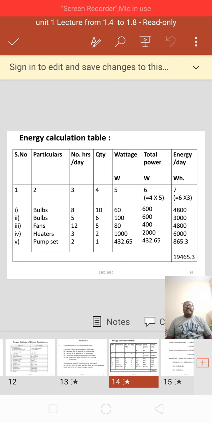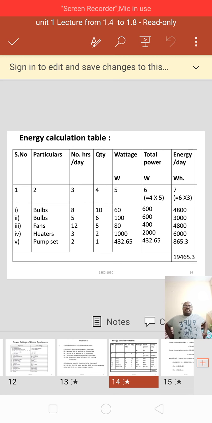Total power is 80 into 5, that is 400, and energy per day is 400 into 12, that is 4800 watt hours. That is, for 1 hour it takes a total power of 400. For 12 hours it takes 4800 watt hours, that is 4.8 kilowatt hours.